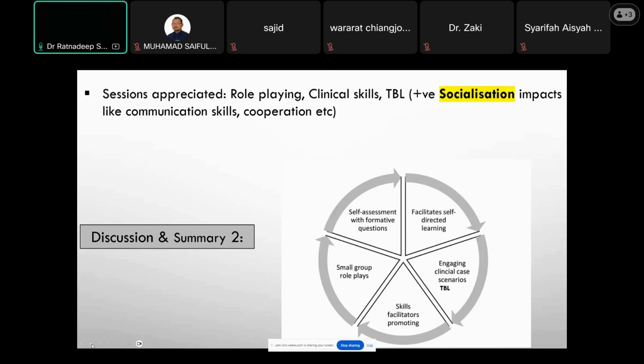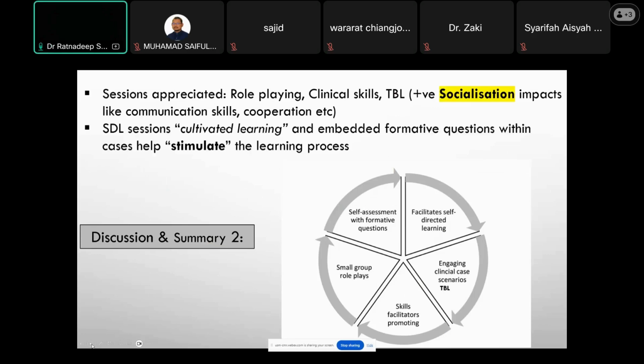This latter one, basically, we use in case roundup sessions. Students also reported that the socialization aspect is very positive, like communication skills and cooperation with such techniques. They found it very useful. These all suggest the significance of active interaction using clinical case scenarios.